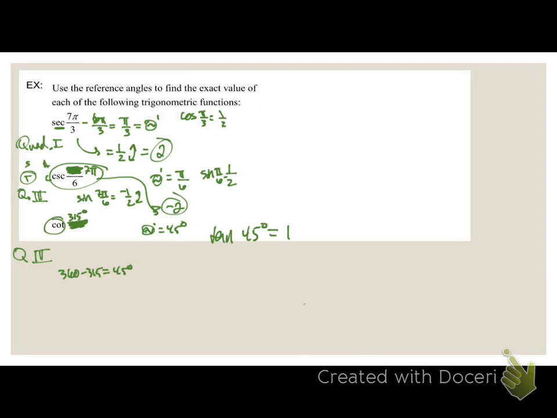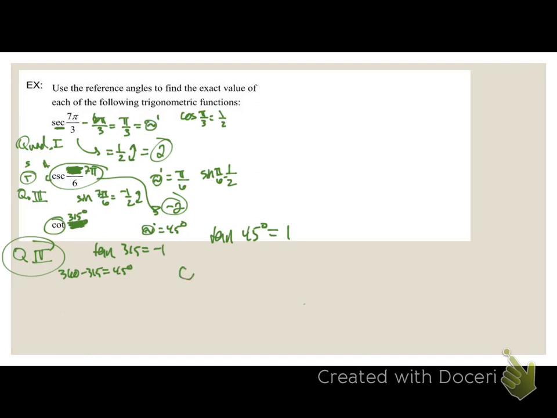Right? Now, we're in quadrant 4. So the tangent of 315, a smart trig class says that cosine is the only one that's positive in quadrant 4. So that means that tangent of 315 has to be negative 1.